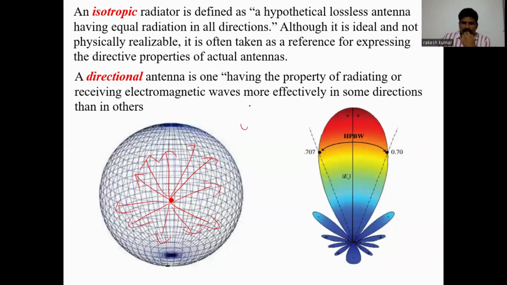The surface area of the sphere is 4 pi r squared. Then take any point on the surface, let us say this is point P. At that point, the Poynting vector P gives the power radiated per unit area in any direction. But here all the power is radiating in the radial direction, the r direction.